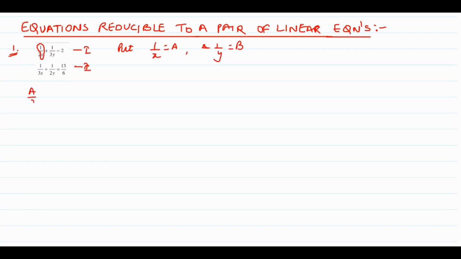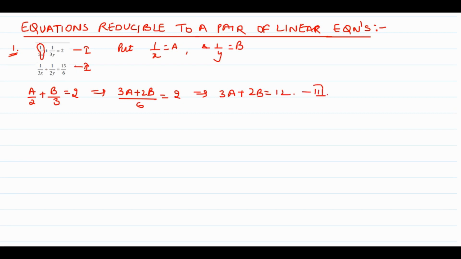So a by 2 plus b by 3 is equal to 2. Take the LCM to reduce it further. We'll get 3a plus 2b upon 6 is equal to 2. Further, that will give you 3a plus 2b is equal to 12. Let this be number 3 now.